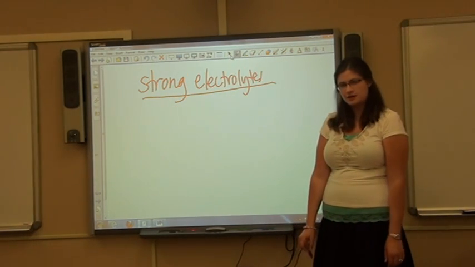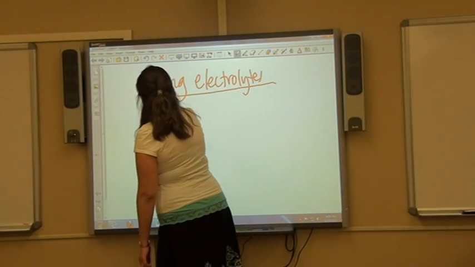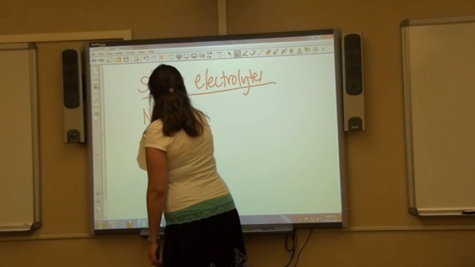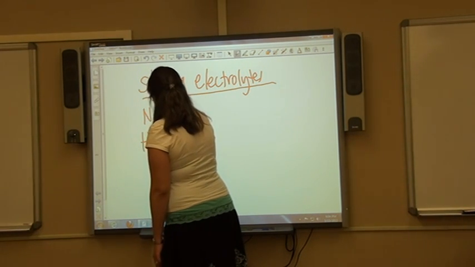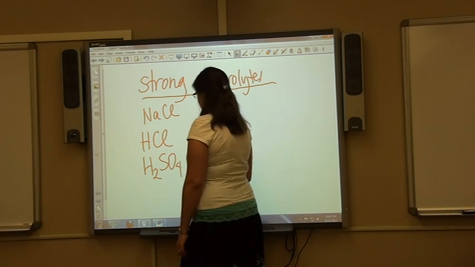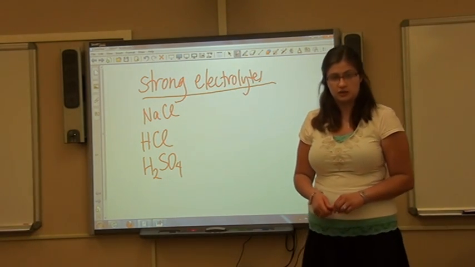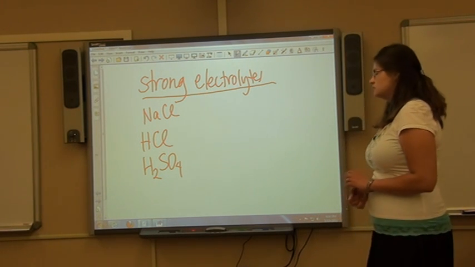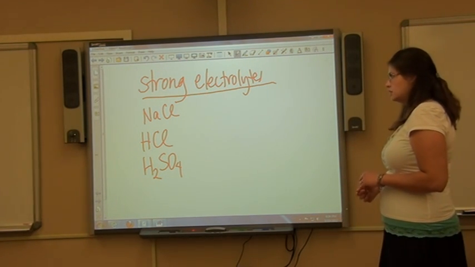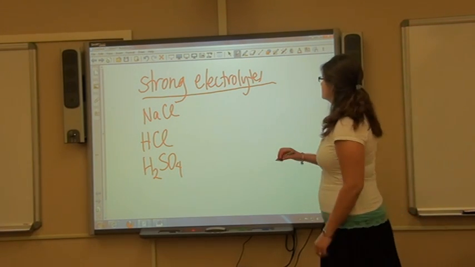How do you determine how many particles you have in a strong electrolyte? We have 3 strong electrolytes. In order to figure out how many particles you have, you need to actually calculate how many ions you have.